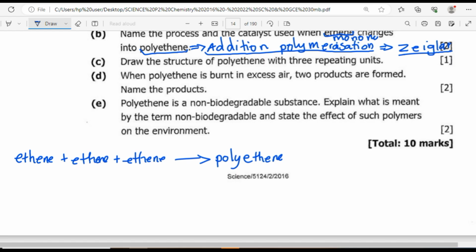Then if you look at the chemical formula for ethene, ethene is coming from the family of alkenes, where we have the general formula CnH2n.